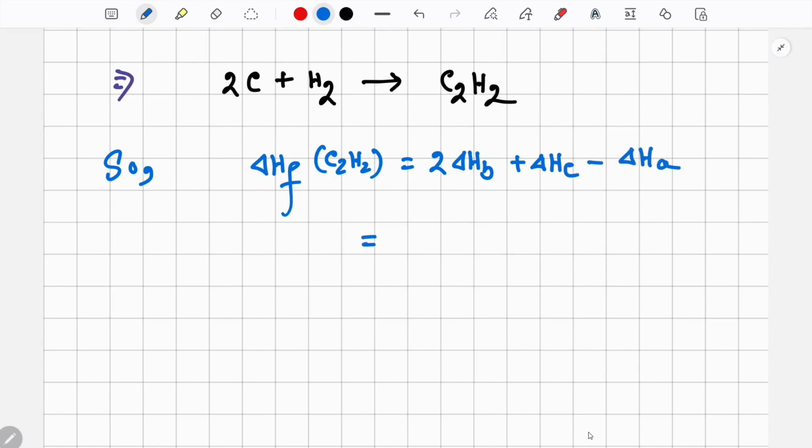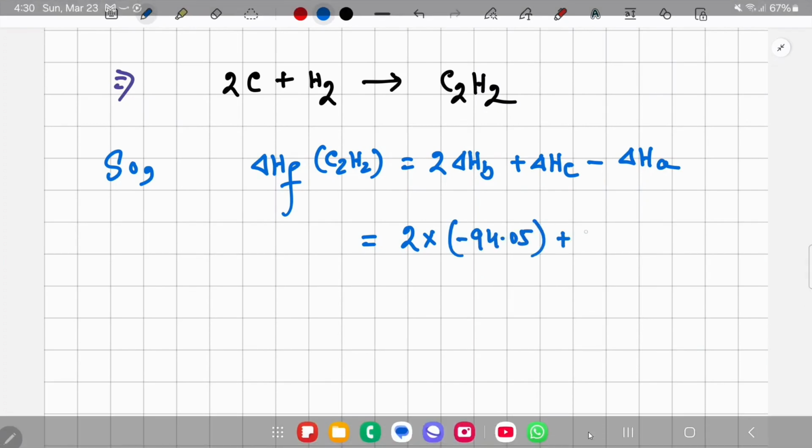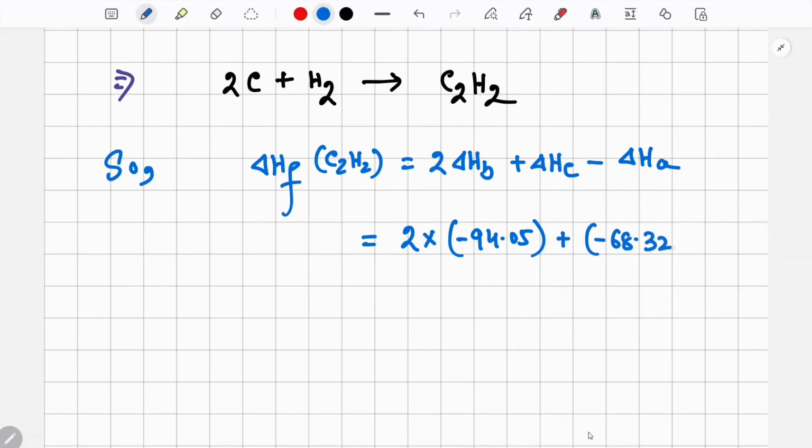These data are already given to you, so just put it. So it is 2 times minus 94.05, all in kilocalorie per mole. It is minus 68.32, and this is minus 31.62, all are kilocalorie per mole. Just calculate it.